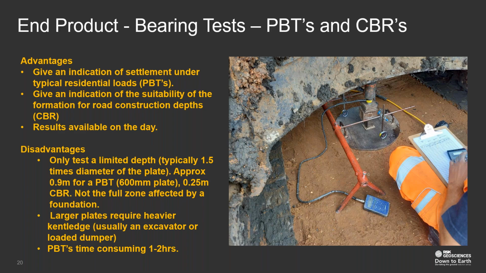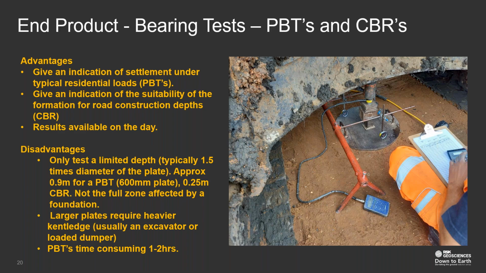So the alternative approach to measuring the density is to look directly at the qualities that we're seeking from the ground: bearing capacity and the degree of settlement under the likely loads that we're going to put on the site with our foundations, or with our site infrastructure in respect of the roads.